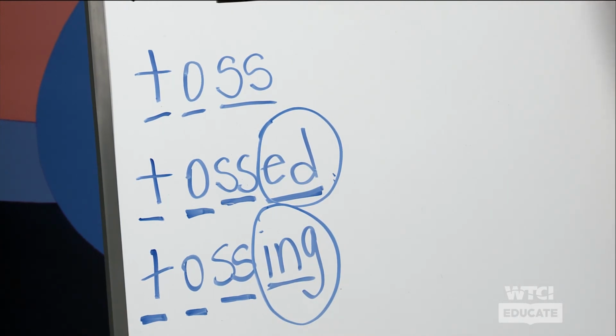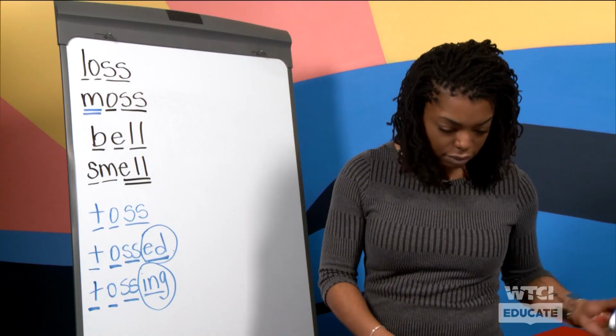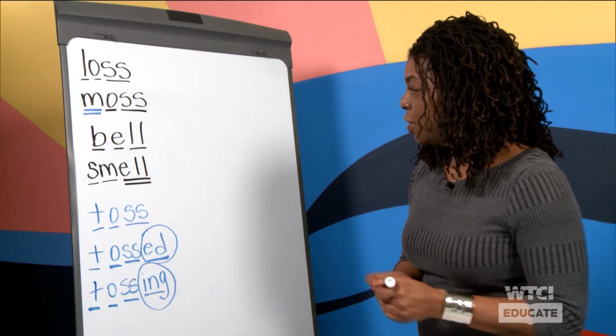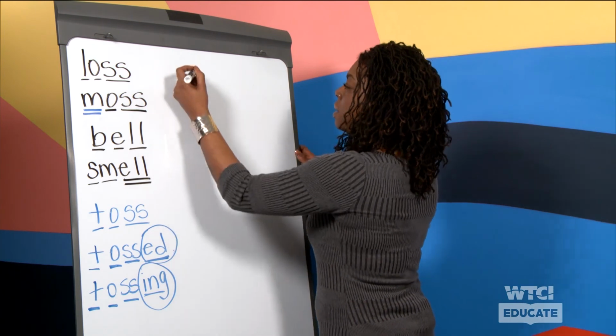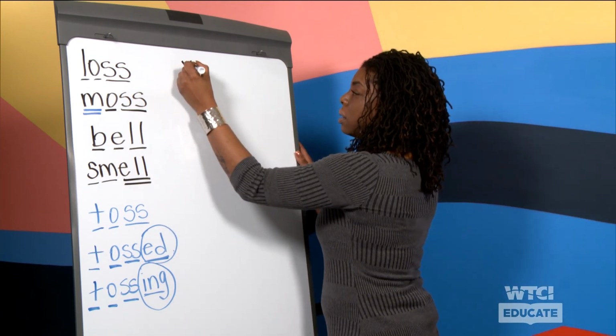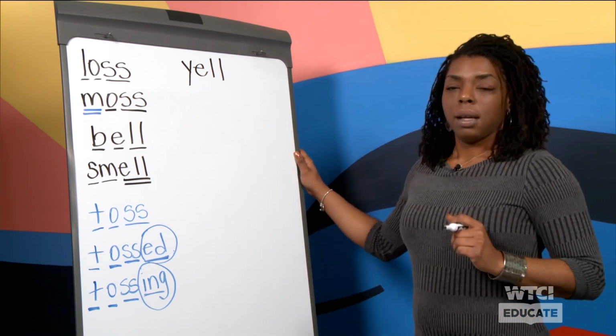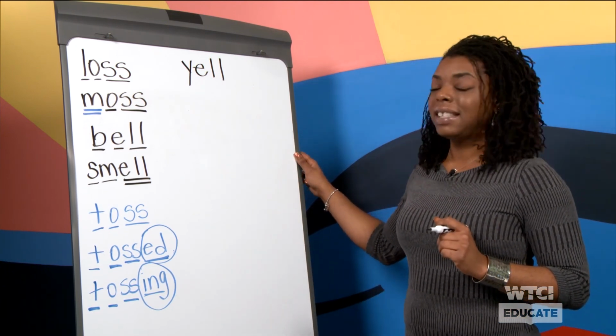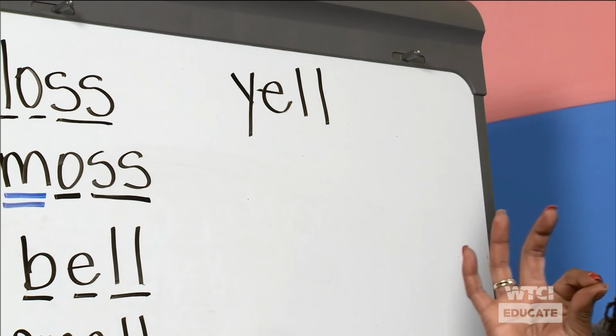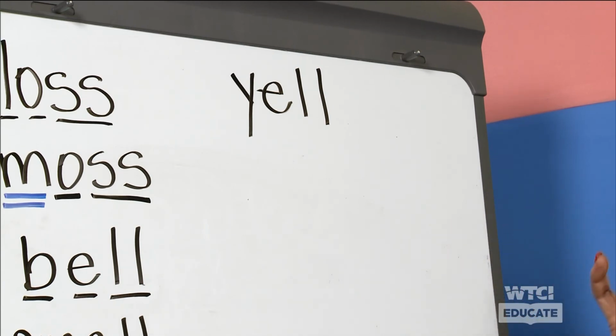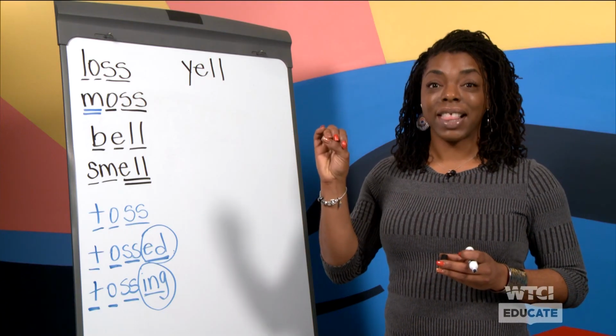Okay? All right. You want to try a new word? I think you can handle it. Let's try the new word. I'm going to write it up here at the top. Look at that. Let's segment this word. Yell. Okay?